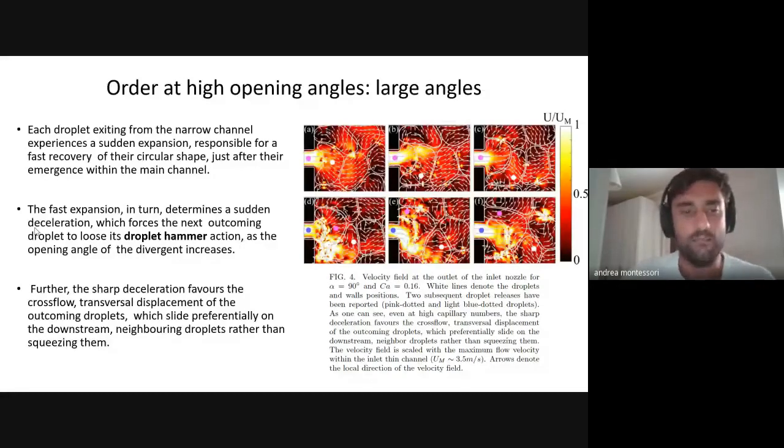So what happens is that the sharp deceleration favors the cross-flow transversal displacement with respect to the longitudinal displacement. And so what you can observe is that the droplets slide preferentially on the downstream, basically they can slide on each other.